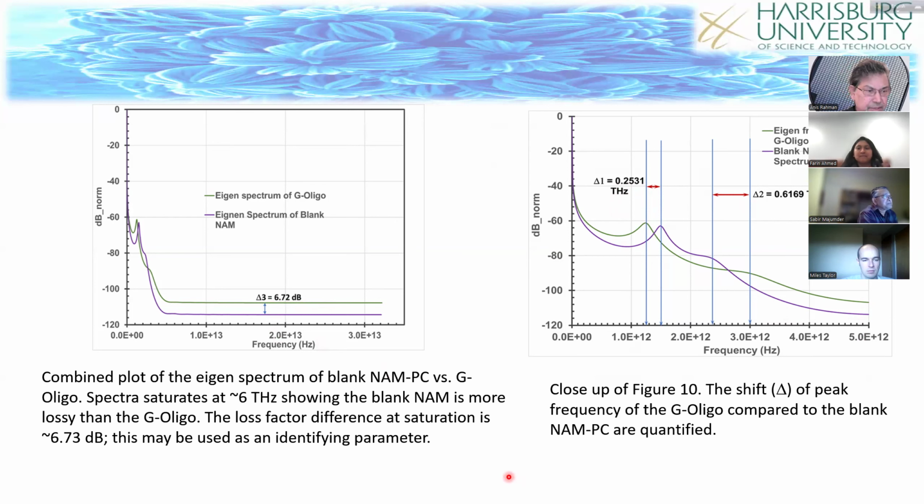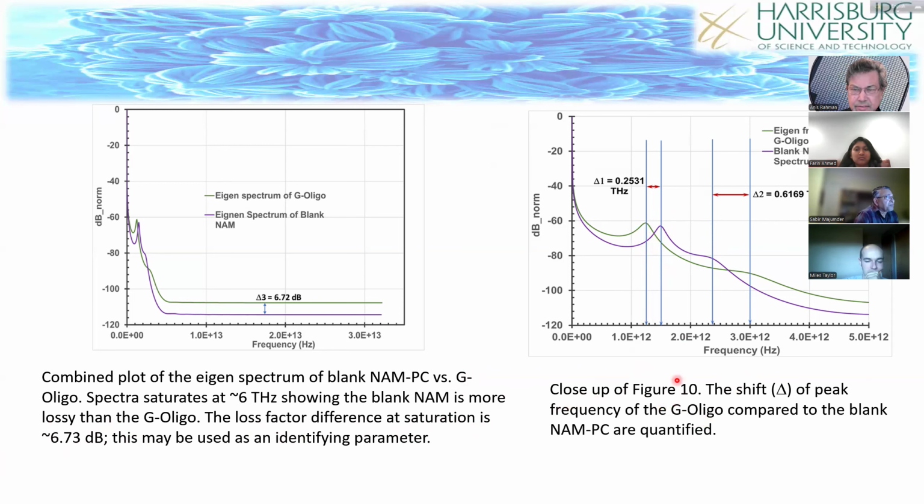With these three parameters, we can now find a way to identify the species that has been adsorbed. This is a combined plot of the eigenspectrum of blank and G oligo, meaning that this is only a guanine oligo, nothing else in there. The loss factor difference at saturation is measured in decibels, and the difference in the peak frequencies is, of course, in terahertz or hertz.